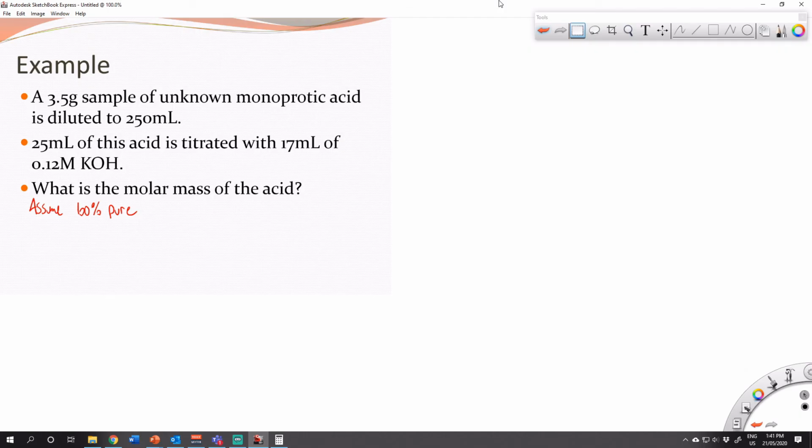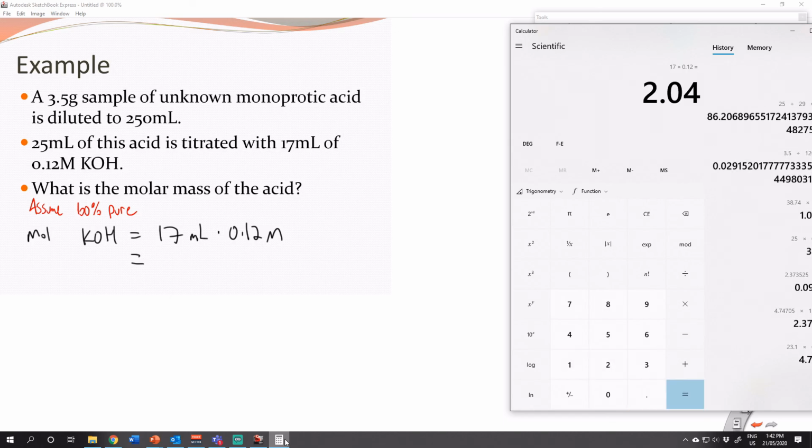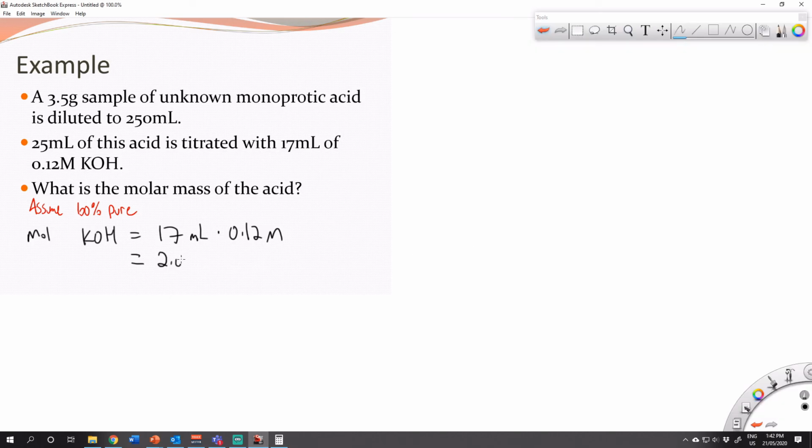All right, so the process here is very similar to our previous example, where we calculate the moles of our known substance, KOH. So 17 milliliters times our concentration of 0.12 molar. We get 2.04 millimoles of KOH.